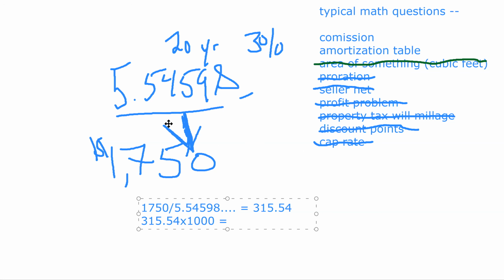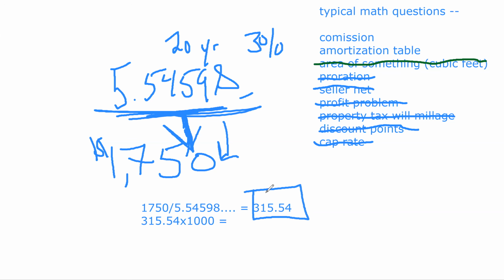I need to figure out how many of these payments fit into that, so I divide it, and that's how many. 315.54 is how many monthly payments per 1,000 I could afford. So I then multiply it by 1,000, and you should get 315,540.